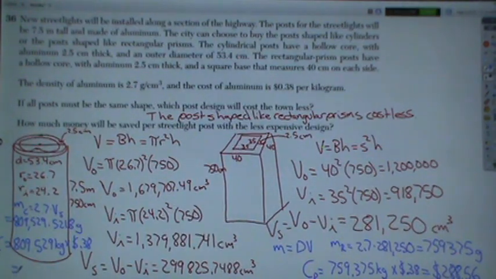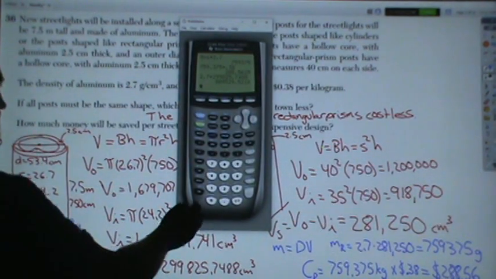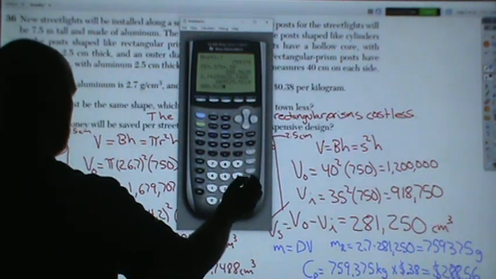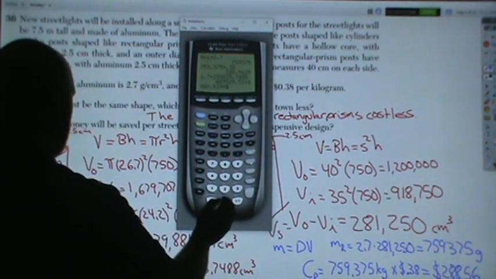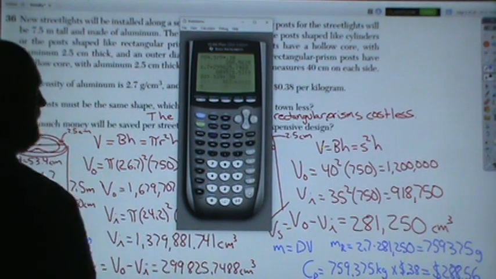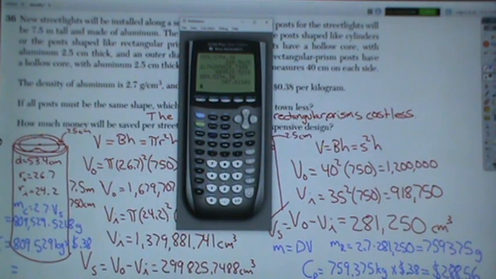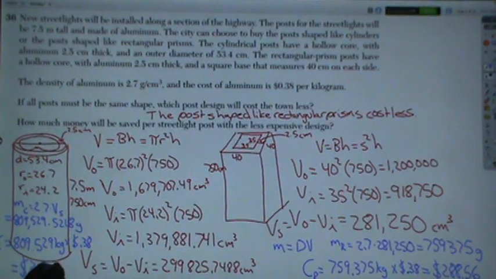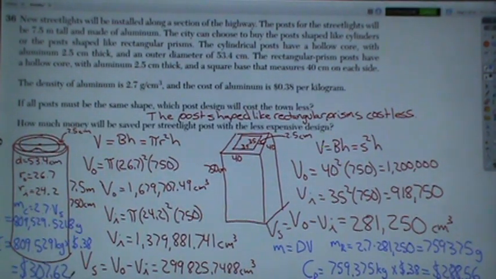So I'm going to get my cost equal to 809.529 times 38 cents, which is $307.62. And they want to know how much is going to be saved.